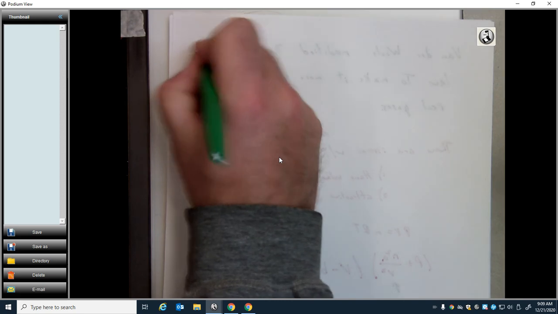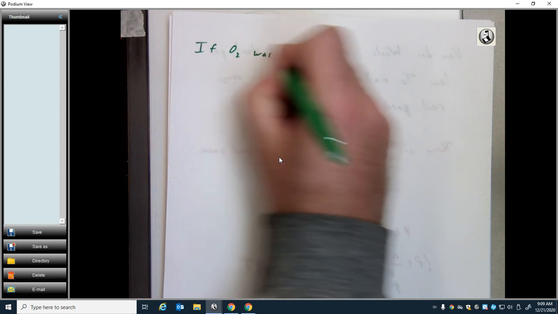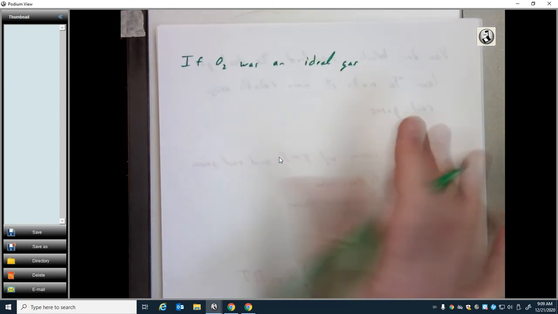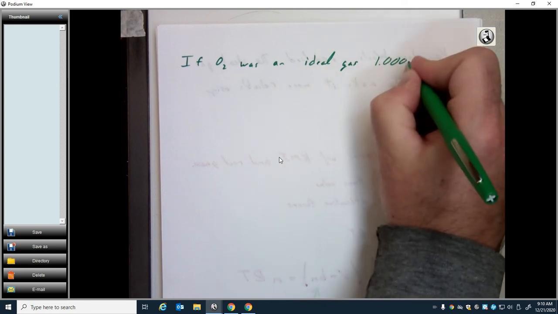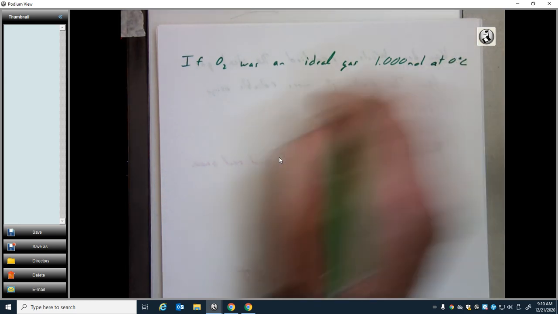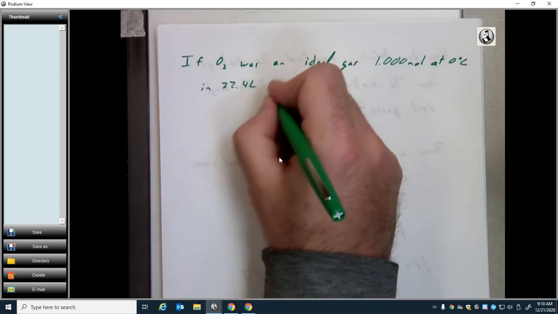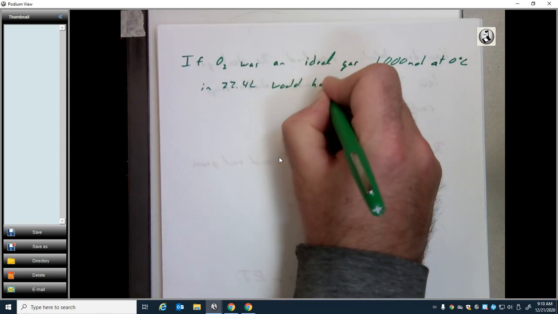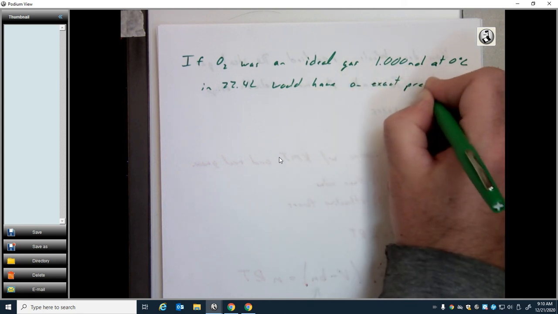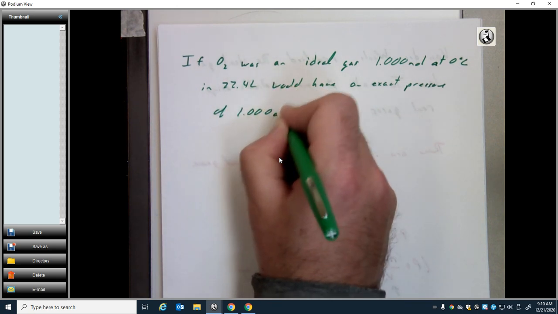If oxygen was an ideal gas, 1.00 moles at 0 degrees C in 22.4 liters would have an exact pressure of 1.000 atmospheres.